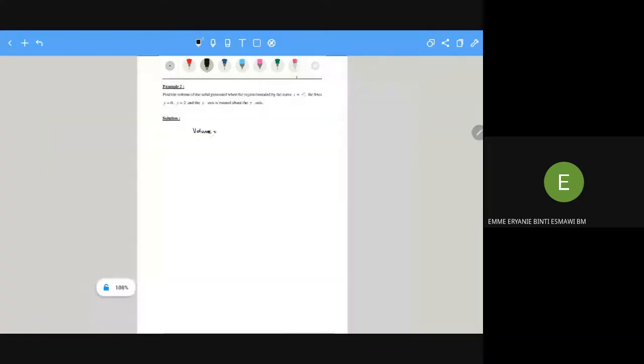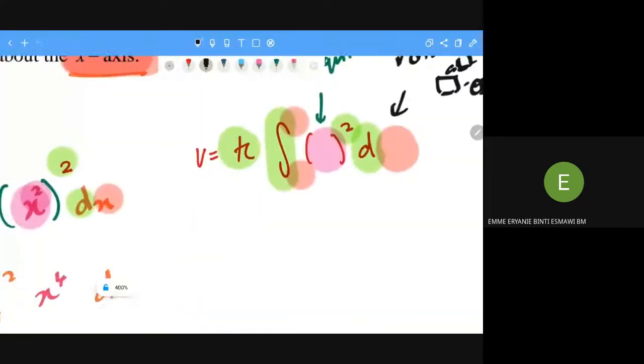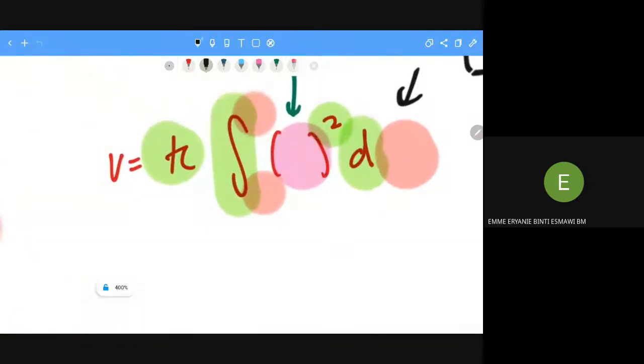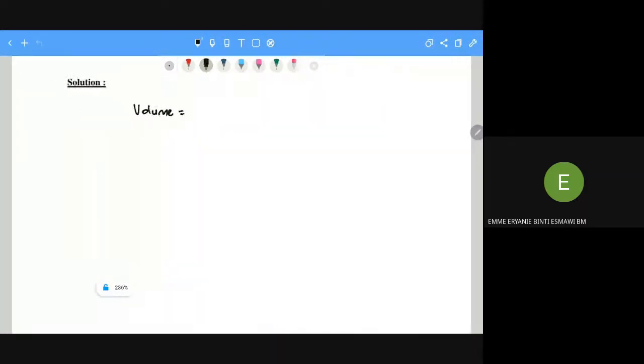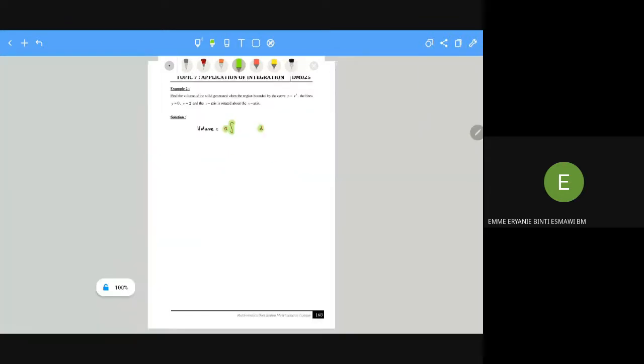Okay, seperti yang saya dah cakap sebelum ni, okay, try untuk buat formula ni dulu. Yang ke color yang sudah tuliskan tu. Okay, so I'm going to write the formula. Dia mesti ada pi, dia mesti ada integral, dia mesti ada d. Okay, color hijau. Ini semua yang kali hijau tadi tu yang fix.